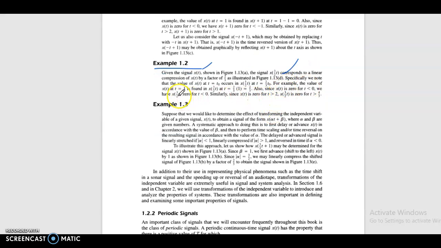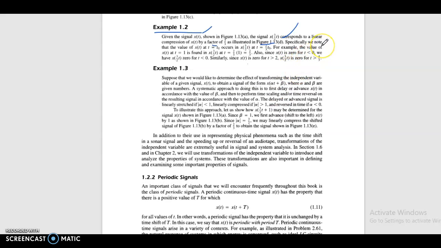For example, the value of x of t at t equal to t0 occurs in figure a. That one happens in linear compression, x of 3/2 t at t equal to 2/3 t0. Here it happens at t equal to t0, here at t equal to 2/3 t0.